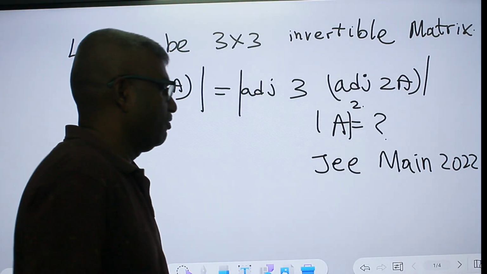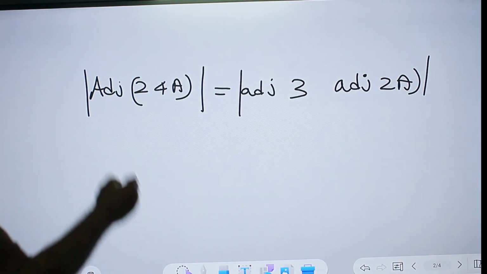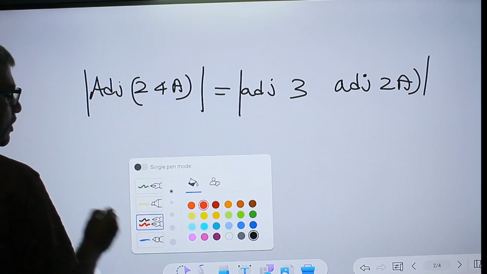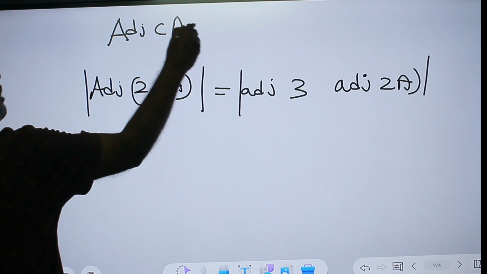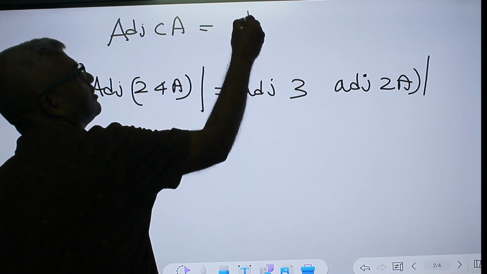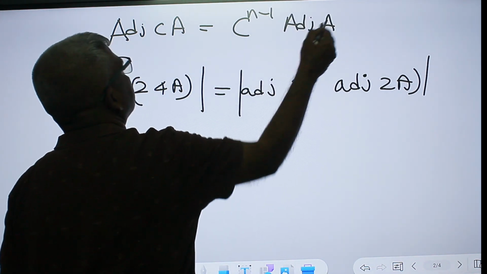Okay. For solving this, we need to know three properties. One is adjoint CA: if you take C out from the adjoint, it is C power n minus 1 adjoint A. This is one.